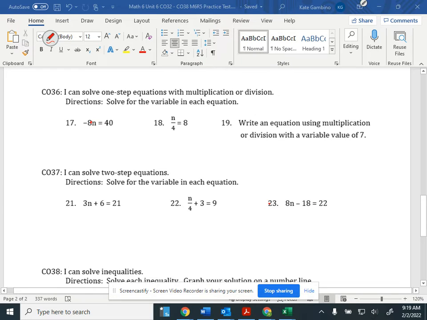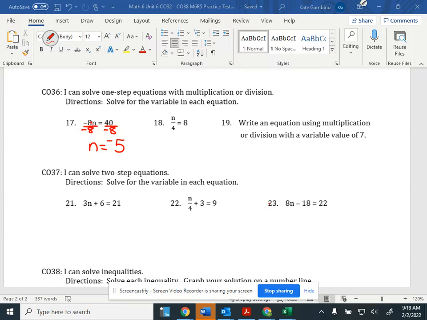So what's the inverse, Josie? I'm going to divide both sides by negative 8. So negative 8 divided by negative 8 is 1. What is 40 divided by negative 8, Zoe? Ah, good catch. It is a negative 5.